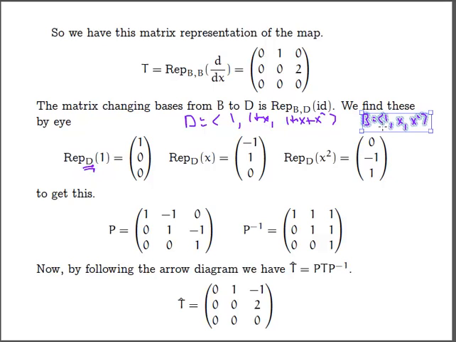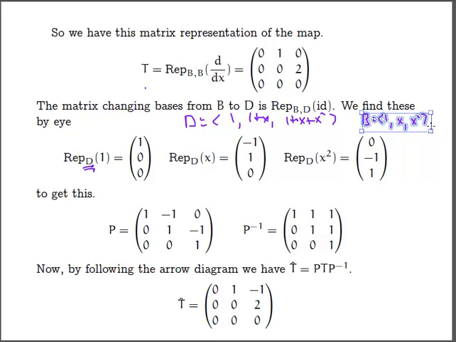First basis vector here is 1, and 1 is represented by the first basis vector in D, so that's why we have 1, 0, 0. The polynomial 1 is equal to 1 times this plus 0 times this plus 0 times this.